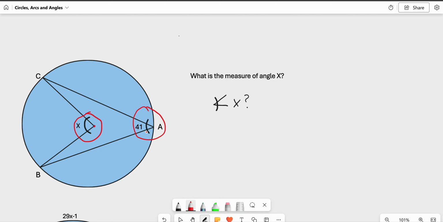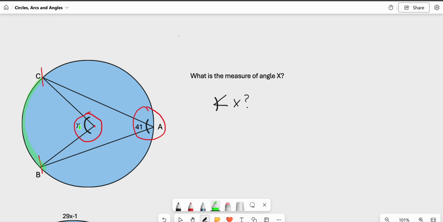Now, look at this. Both angles, the central angle and the inscribed angle, are intercepting the same arc. This arc is common to both angles.